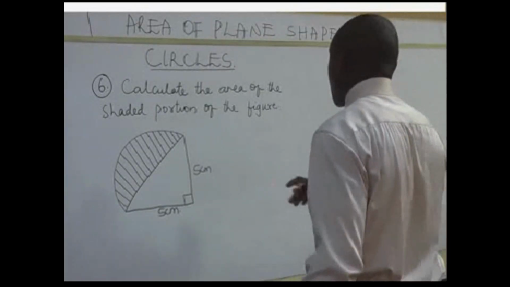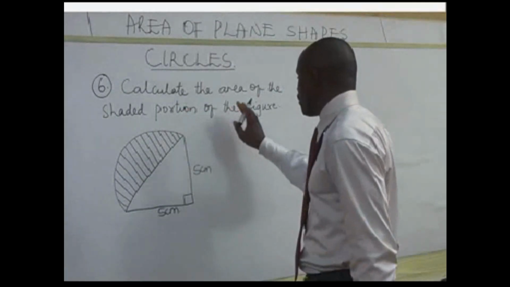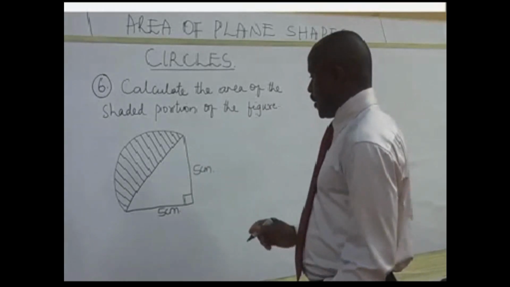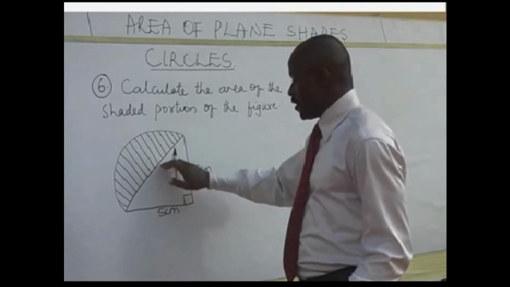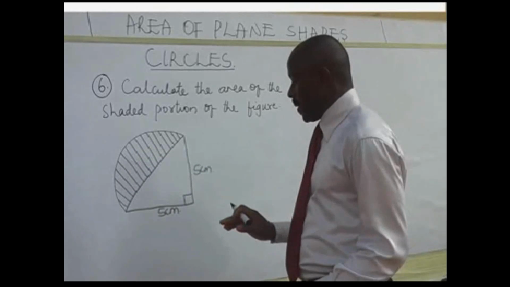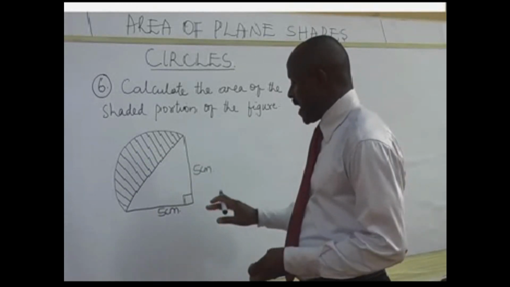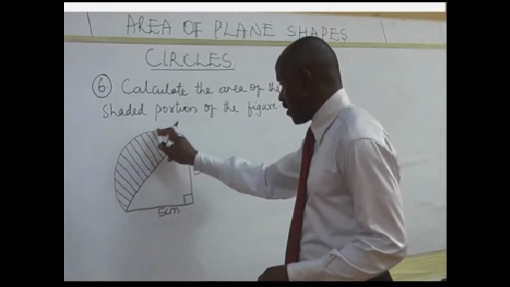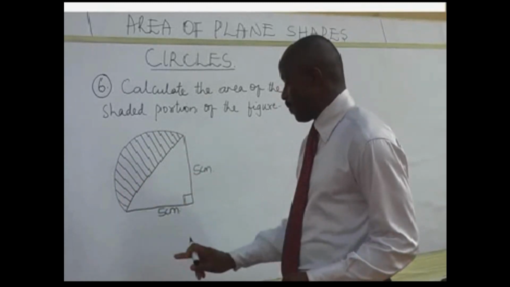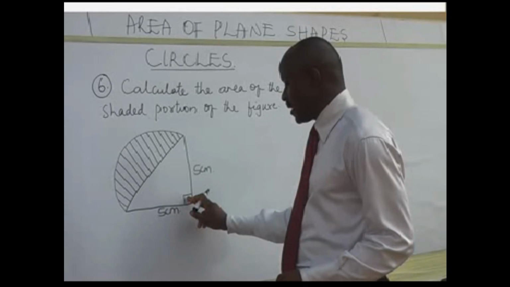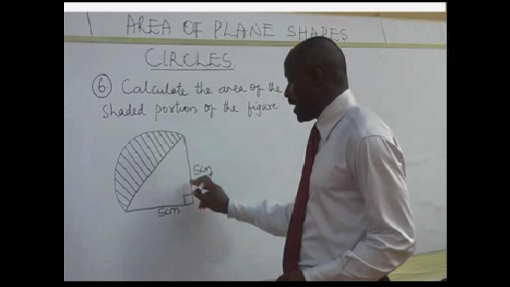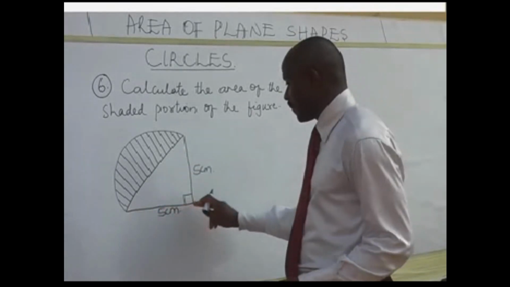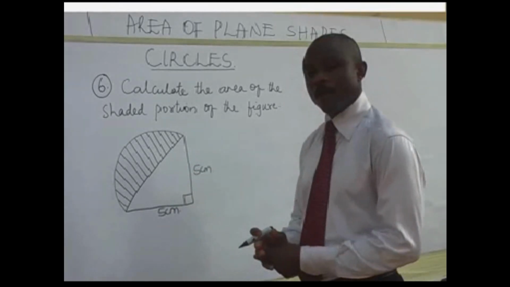Now they say we should calculate the area of the shaded portion of the figure. The area of the shaded portion of this figure can only be calculated by calculating the area of the sector, because this is a sector of a circle whose angle is 90 degrees, and subtracting it from the area of this triangle, which is a right-angled triangle.